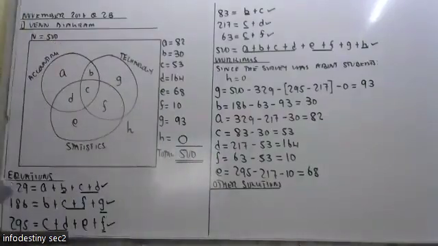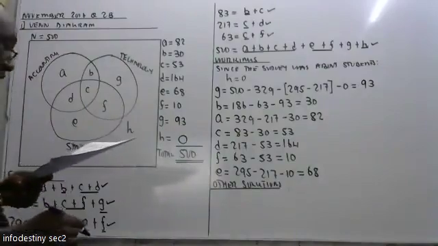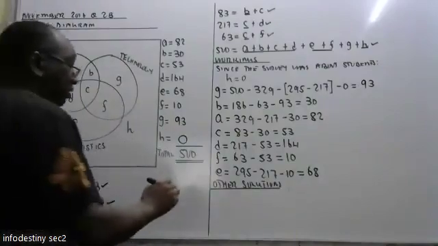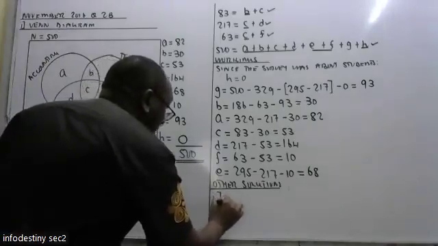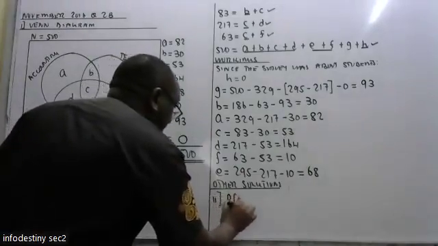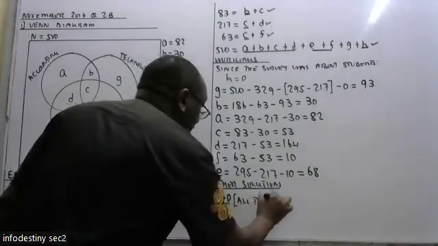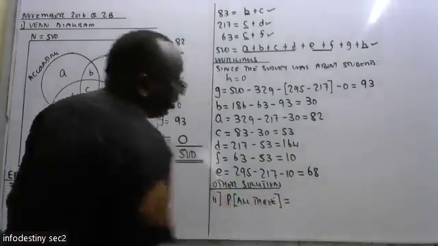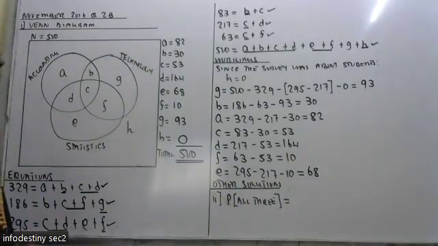Roman 2 was asking the probability that a student is enrolled for all the three. Now, the probability that someone is enrolled in all the three. Remember, probability is gotten as the desired over the possible.